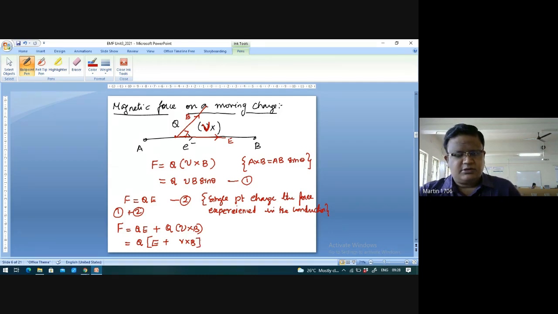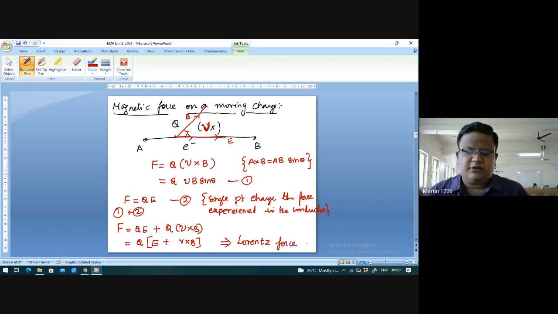This expression is called the Lorentz force.